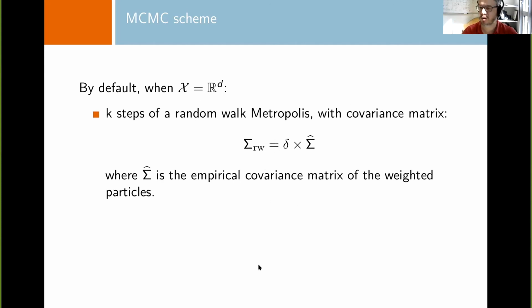But if you don't do something like this, performance is going to be terrible. If you do it, it works very, very nicely. And the thing behind this is that random walk Metropolis is not such a bad algorithm. Random walk Metropolis is bad when you don't calibrate it well. But if you have some simple way to calibrate it, then it works nicely. And in an SMC scenario, you have a cloud of particles, so it's easy to calibrate it.